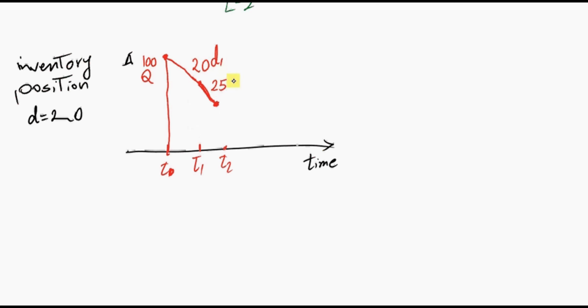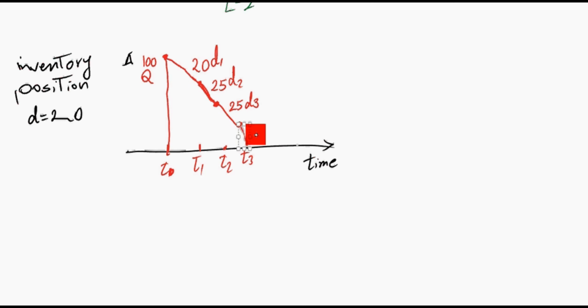So let's call it D1, D2, and then in the next period of time maybe the demand is also very fast. The demand is very high. Therefore at T3 we are much closer to the zero inventory. Let's say it's also 25 during T3, during the third period of time.